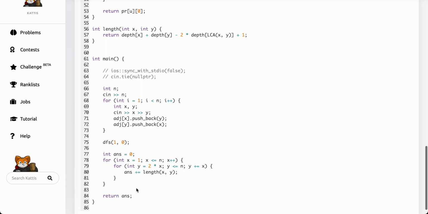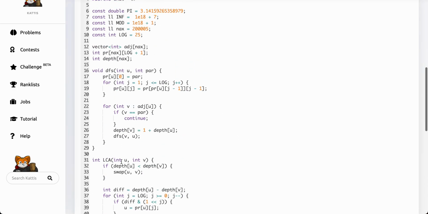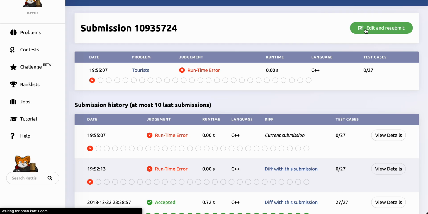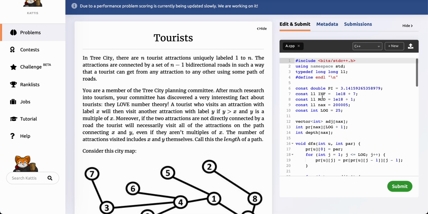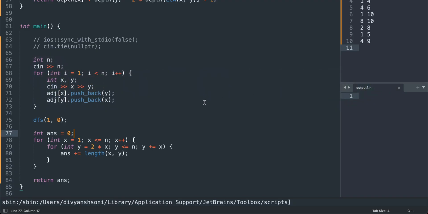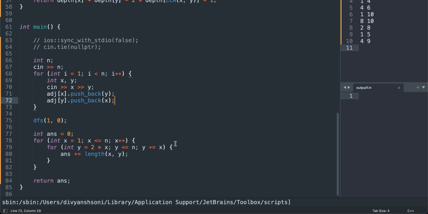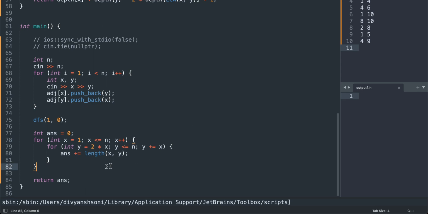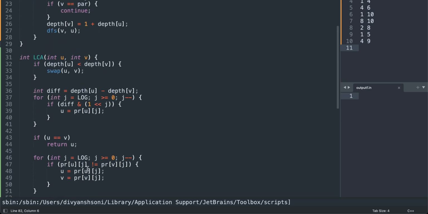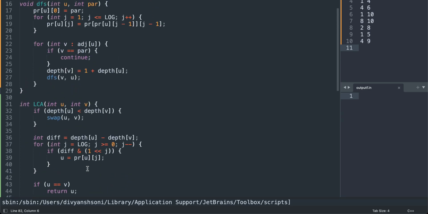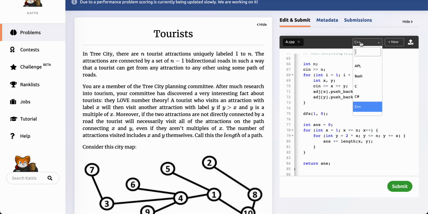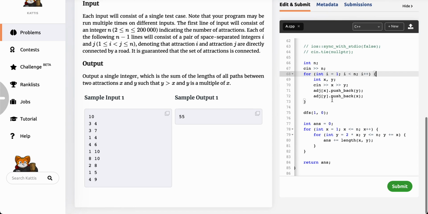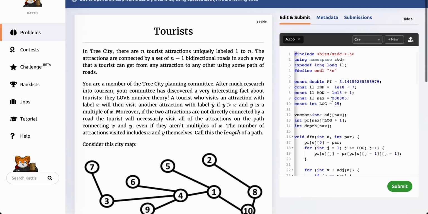At least the runtime error should go now. Let's see. What could be wrong? Okay.